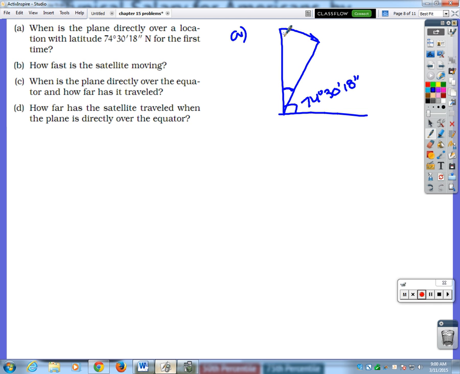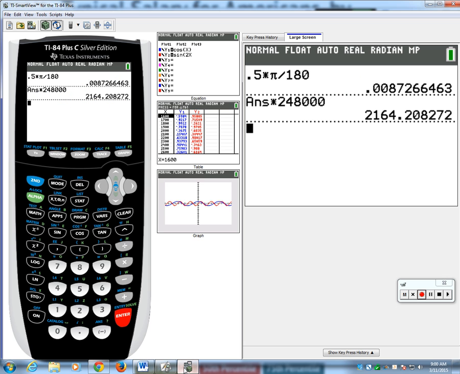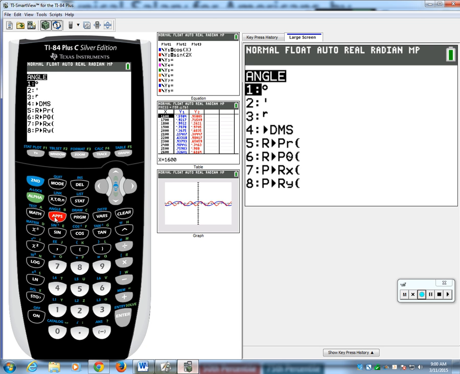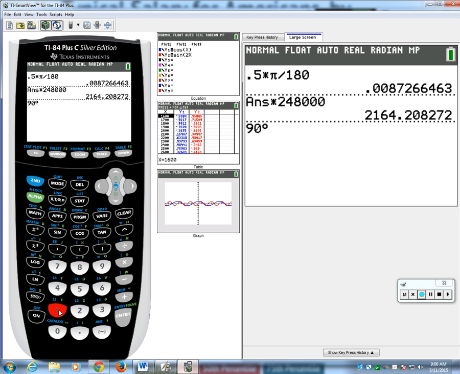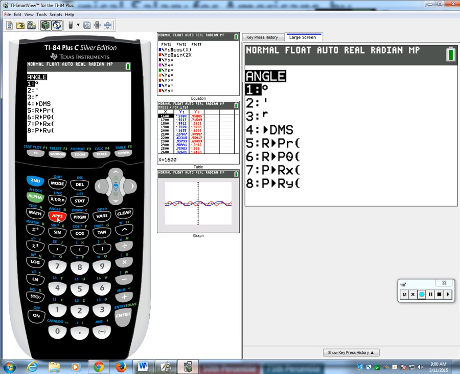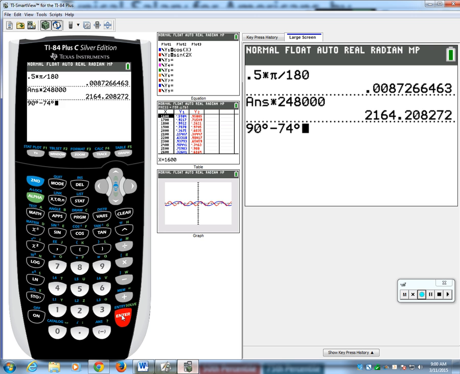So if we have 90 minus that, we're going to keep 90 degrees minus 74 degrees, how many minutes? 30 minutes.